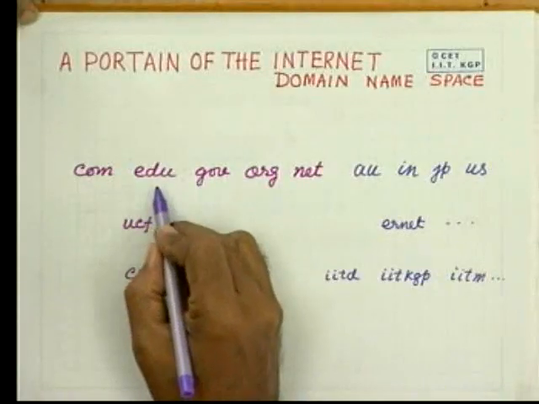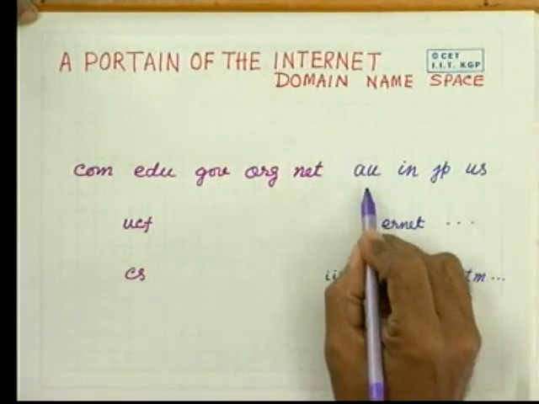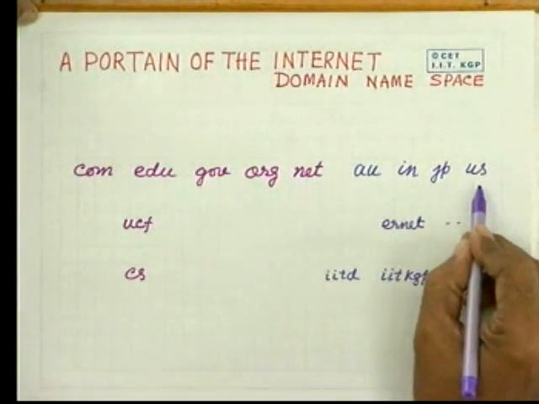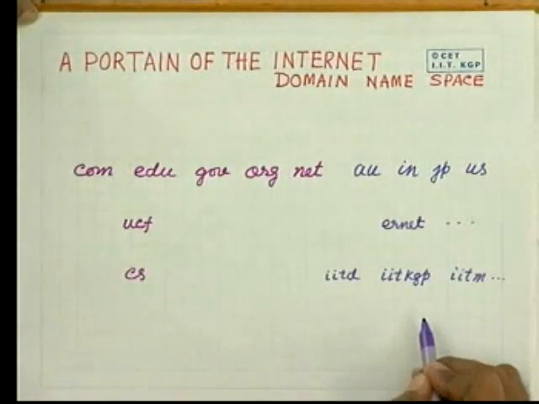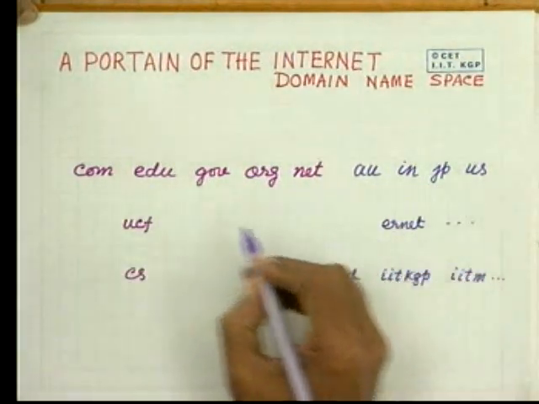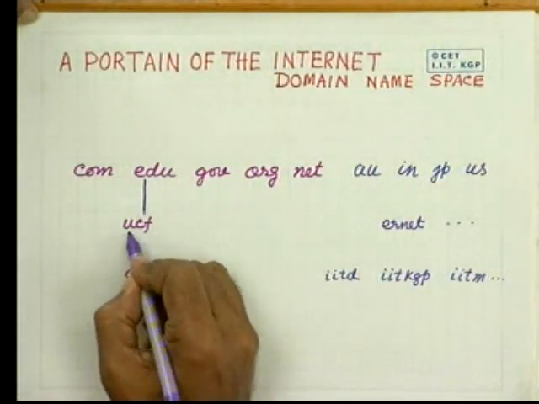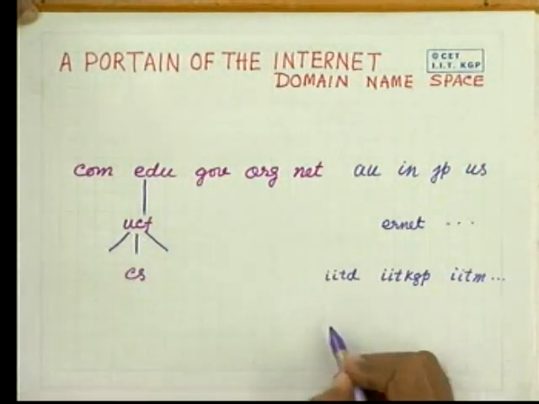In the domain name system, the entire internetwork is divided into a number of domains. For example, com, edu, government, org, organization, net, AU, IN, JP, US. These are various domains, and these domains have some subdomains under them. For example, UCF, and you can have some more subdomains under it.